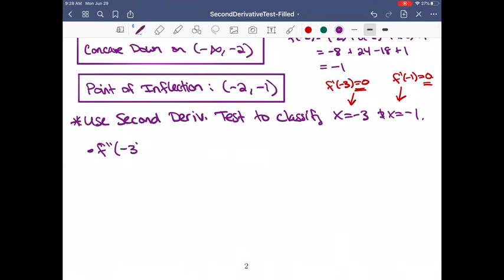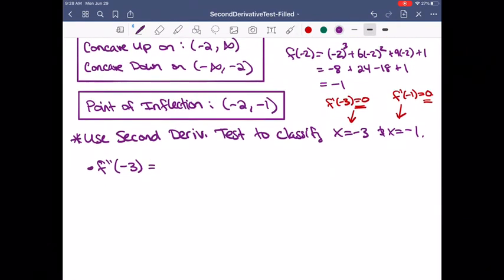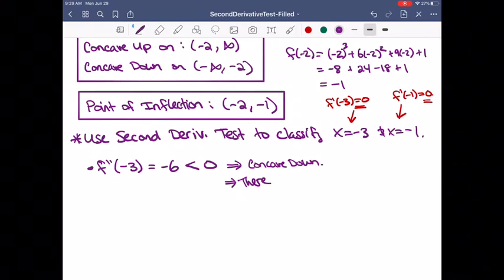So what we want to do is plug the number -3 into the second derivative. Now I believe we already tested -3, so we got -6. So this is less than 0. So the second derivative test says this is concave down, which means that it has to be the top of some peak. So f of -3, the y value at -3, is a relative maximum.